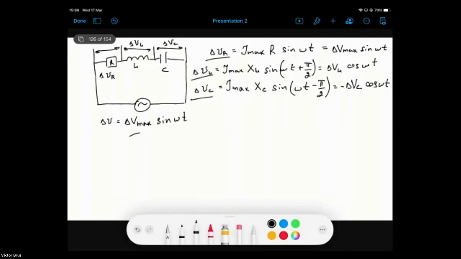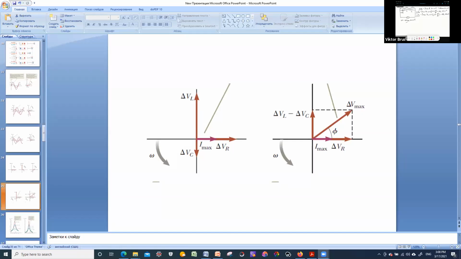So let me share the screen. So here we see phasor for the voltage drop over resistor, then phasor for the voltage drop over inductor, and that for the capacitor.